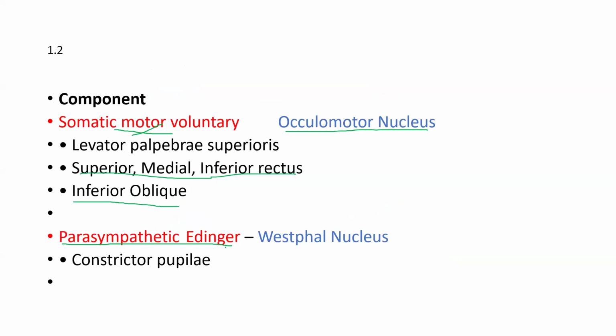And the parasympathetic component will supply the constrictor pupillae. If you haven't heard about this, or don't remember it, after this class please read around it, but don't be stressed. Sometimes this may come in the exam, sometimes not. So don't worry.